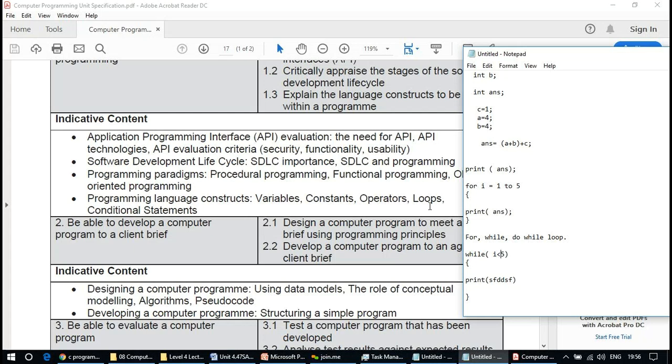Basically, the quantity of the loop is not always known. A for loop is used when you know the quantity, but when you don't know the quantity and the repetition depends on a certain condition, then you use the while loop.